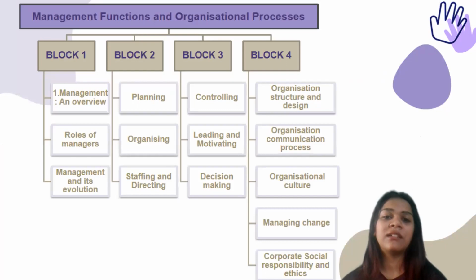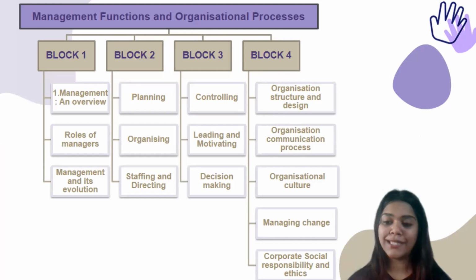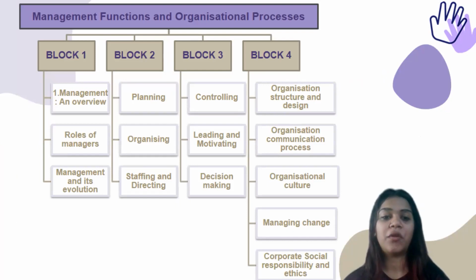And lastly, this is the chart of how each block is distributed across. Like block 1 would include 3 chapters, which are management and overview, roles of managers, management and its evolution. Block 2 and 3 basically focus on the functions of management, which are planning, organizing, staffing and directing, controlling, leading and motivating, and decision making.